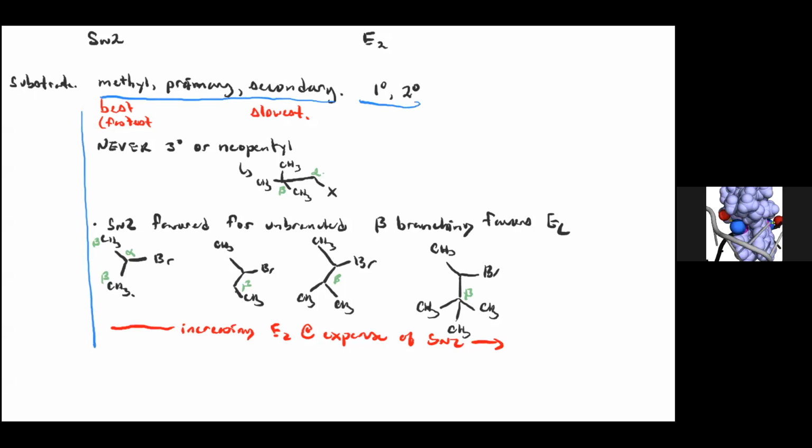I'll just say a couple things about the leaving group because that's arguably the most straightforward. The characteristics of the leaving group equally affect both the SN2 and the E2 pathways. So we don't see any differentiation of those pathways depending upon our leaving group. And so really we just want to know, what are good leaving groups and what are bad leaving groups?